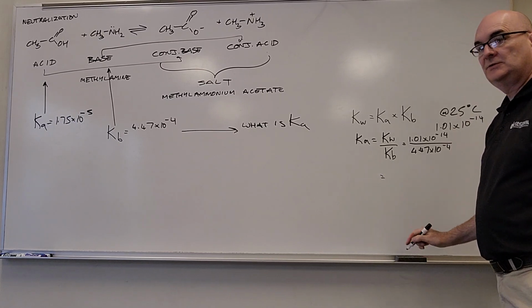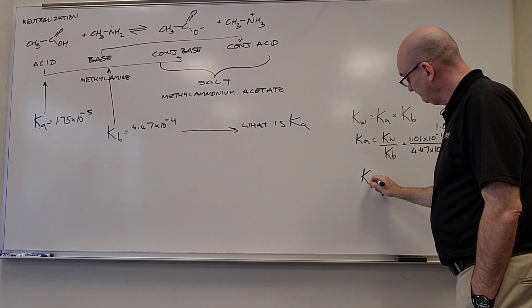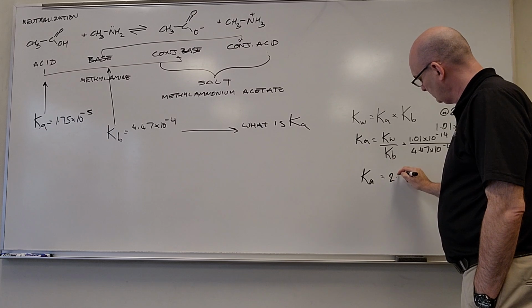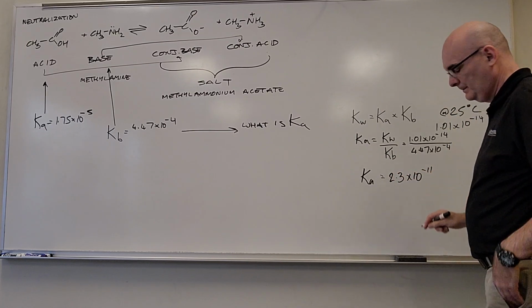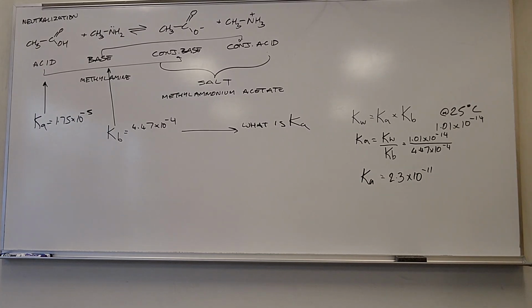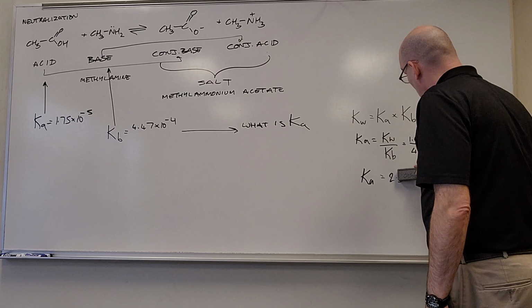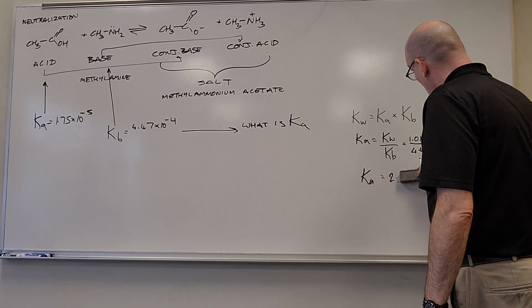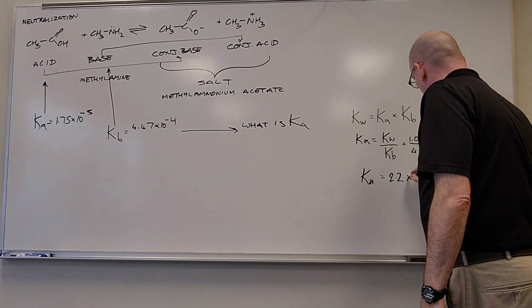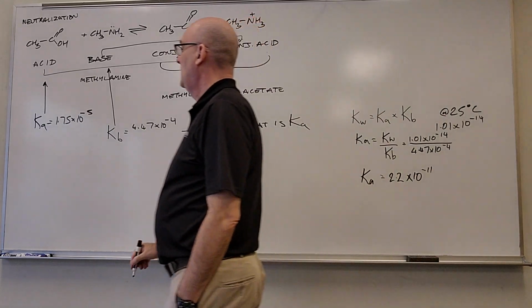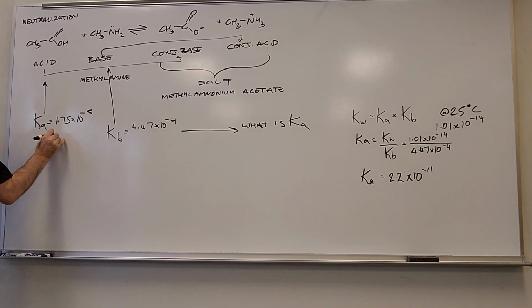Ka is 2.24 times 10 to the negative 11. Oh, 2.24. I'm going to round that down. No, round it up. Okay. All right.